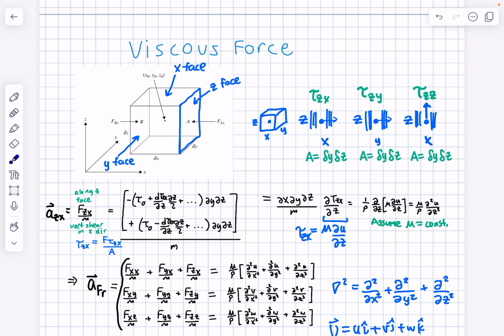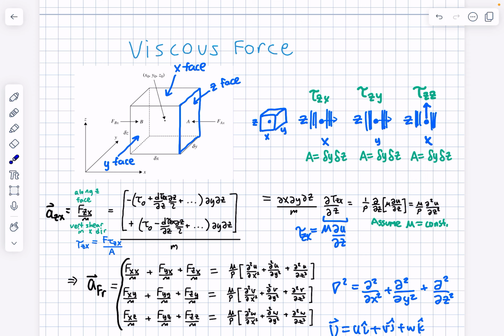And so for the x direction, if we make this direction x and this z, so kind of looking this way, the z face will be on either side of it. And same for y, it would be going into the page and there'd be some friction here.